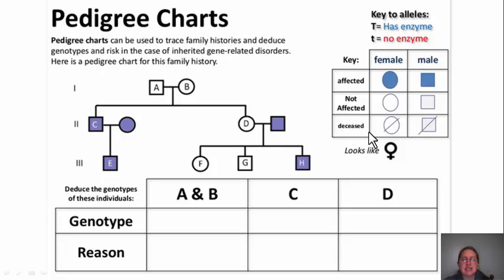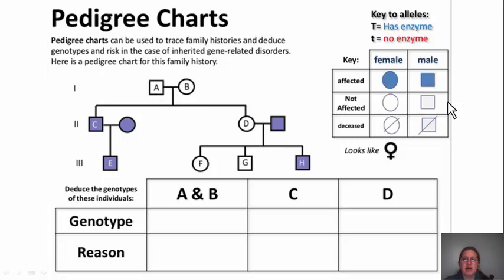And deceased does not mean diseased. Deceased means the person has actually died. It doesn't have anything to do with the genotype, but if you're looking at a disorder or a disease, that could be some interesting information.